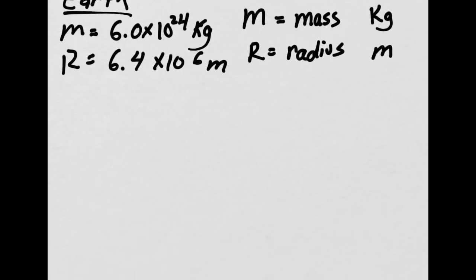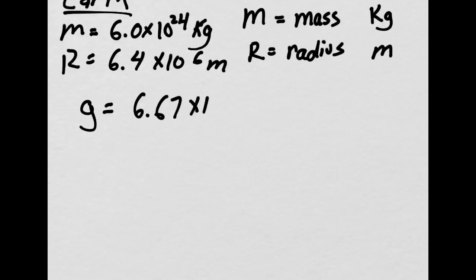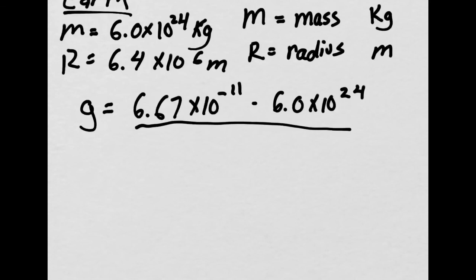So our gravitational acceleration is equal to G, which was 6.67 times 10 to the negative 11, times m, 6.0 times 10 to the 24, divided by r squared. So r is 6.4 times 10 to the 6, quantity squared. And this dot is a multiplication.